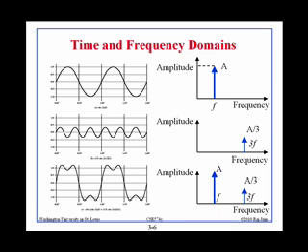And if you add up those two, the resulting thing will look more like a square pulse, a square wave, right? And this will have a power spectrum where you have some power at f and some power at 3f, and so on and so forth.